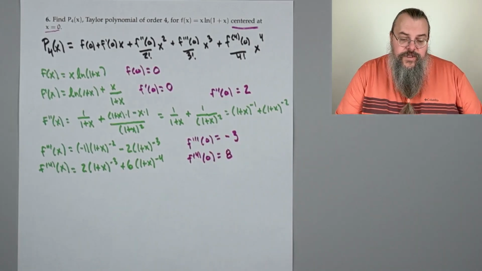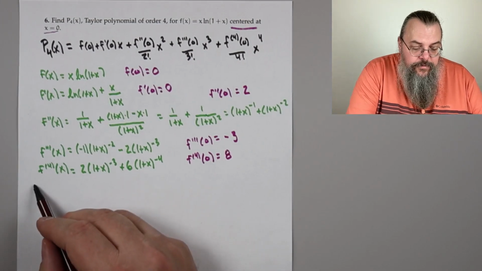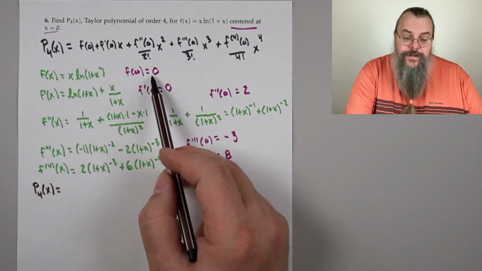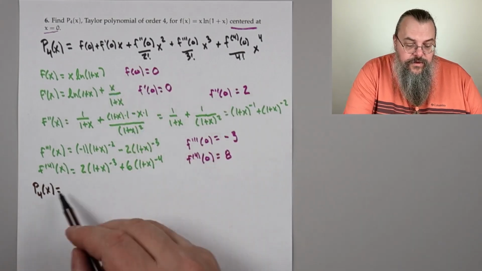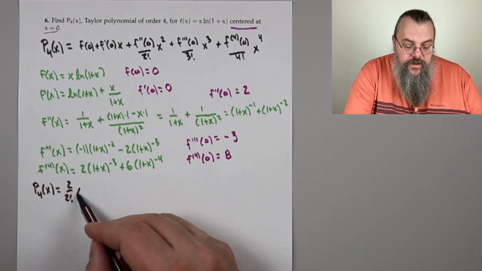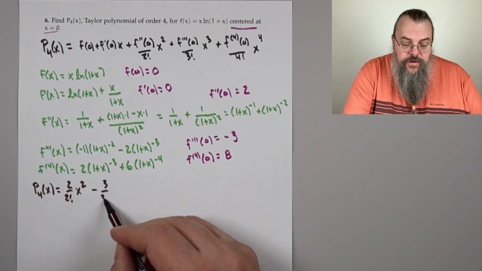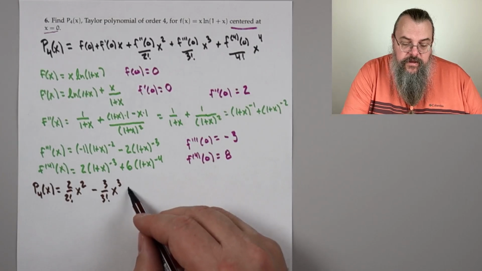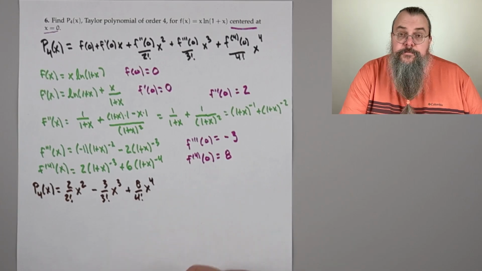So now we just say, great, plug it in and clean it up, and we're done. So we have our P4 of x is 0 plus 0x, okay, plus 2 over 2 factorial x squared, and then minus 3 over 3 factorial x cubed, and then plus 8 over 4 factorial x to the 4.